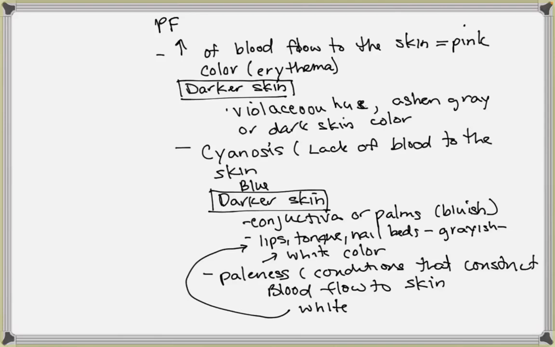And then the last thing that we're going to look at is you can see jaundice. And this is a liver malfunction. And in lighter skin, the skin actually turns kind of a yellowish color.